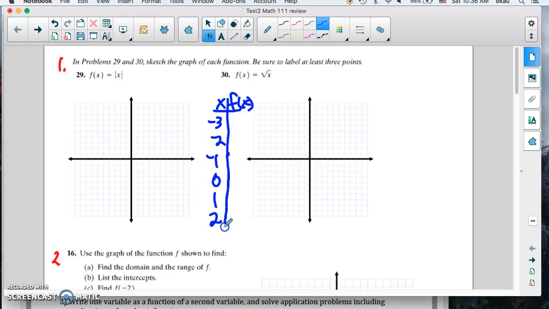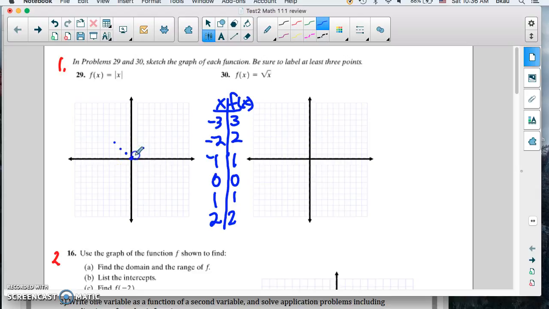Okay, so if we just start off with this, the absolute value of -3 is going to be +3. The absolute value of -2 is going to be +2, then +1, 0, 1, and 2. So when we plot these points, you're going to have 0, -1, +1, -2, +2, -3, +3, +1, +1, and +2, +2.